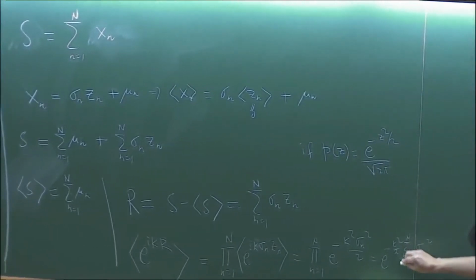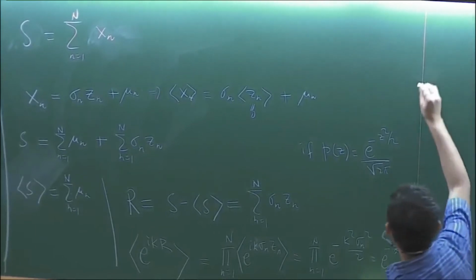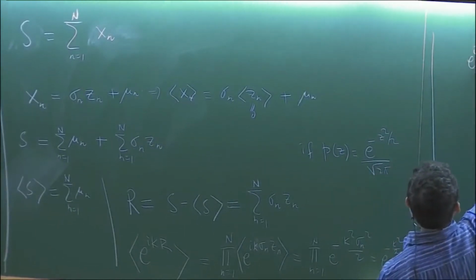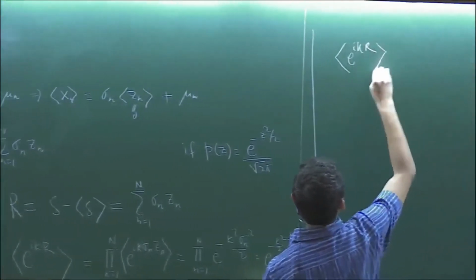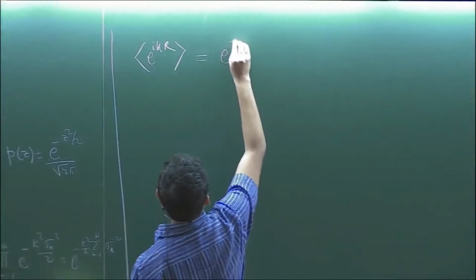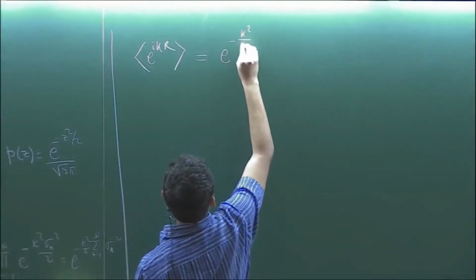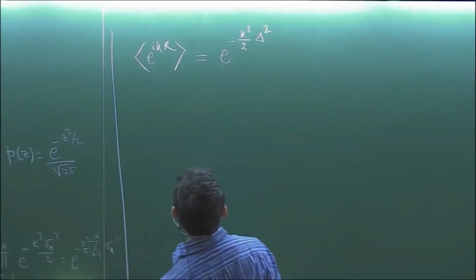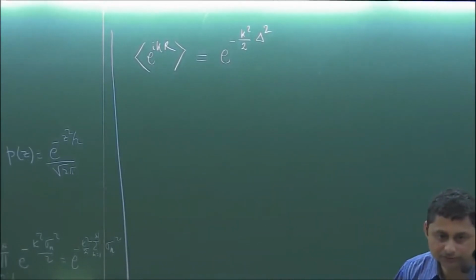So this is now my new variance. What is the new variance? Let me write it here. The expectation of e to the power i k R is e to the power minus k square by 2, and let's call this thing delta square. That's my new variance.